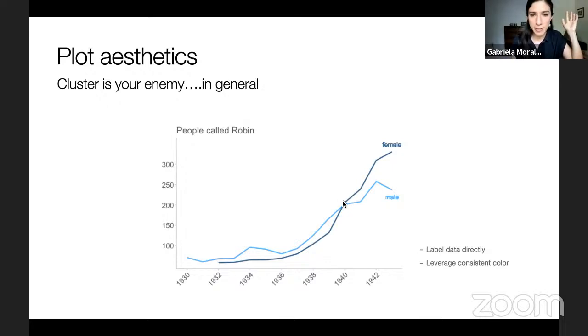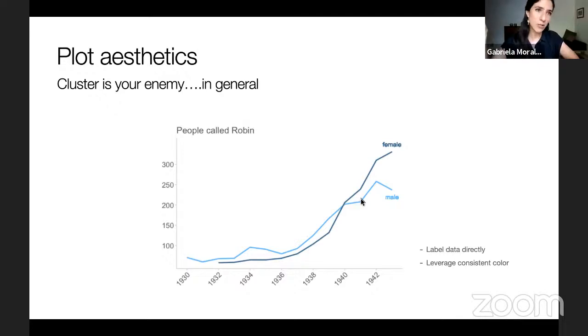So if you don't have the grid line, you can sort of estimate where this point will go on the y-axis, but it's hard. So if you want to point out a specific year and you want to know the ratio between male and female in 1941, you want the numbers, then you want the grid lines because they help you and they help the target audience to follow what you're saying.